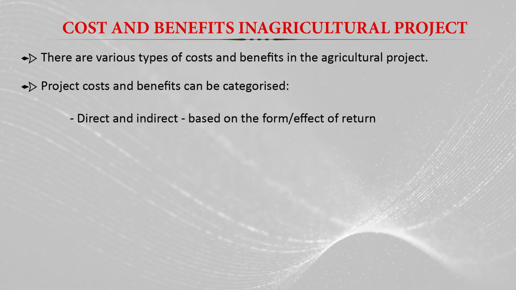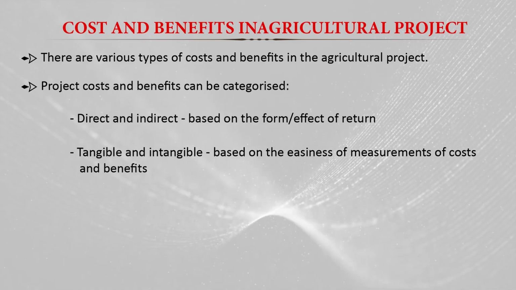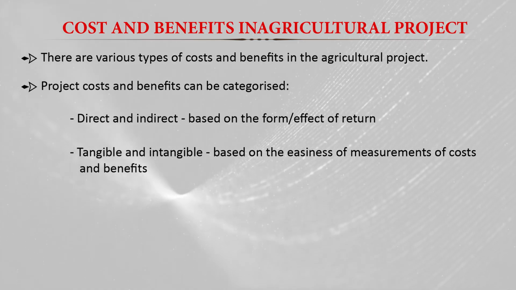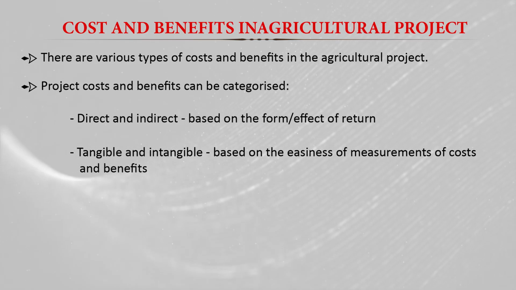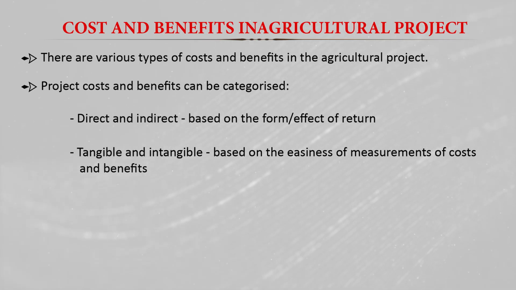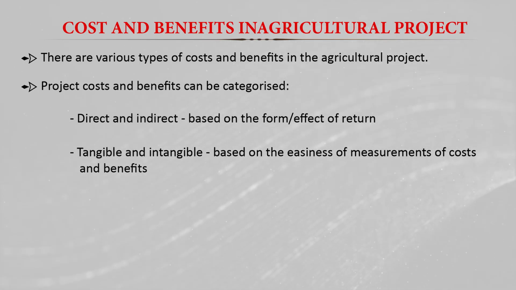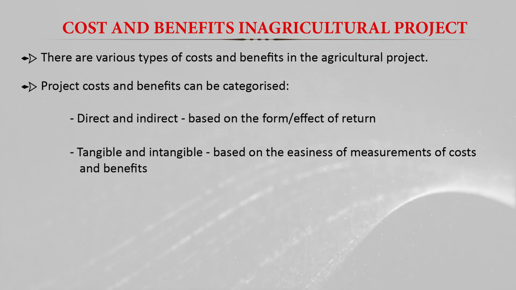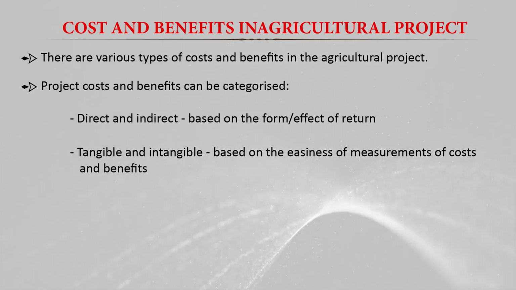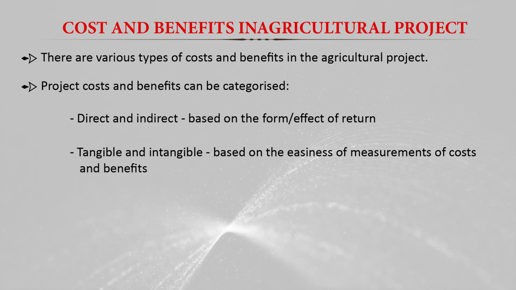Then another form is the tangible and intangible. It is based on the easiness of the measurement of the cost and benefit in monetary value. We can easily value the land, we can easily value the seed cost, so that is basically tangible cost.